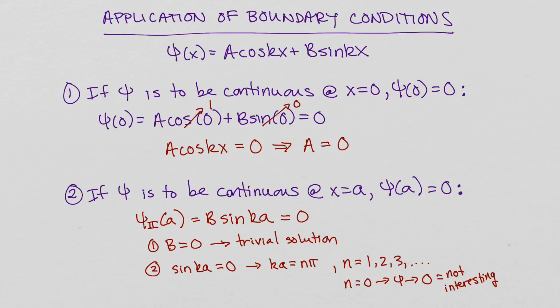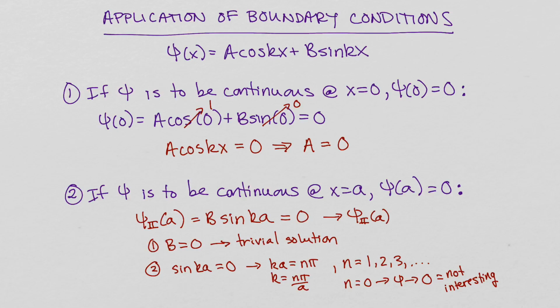Okay, so just rearranging here, we can solve for k. We can say that k equals n pi over a, and then let's just plug that in up here, and then we will end up with our final expression for our wave function.